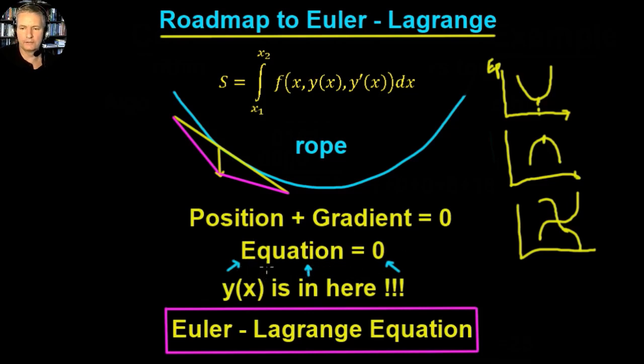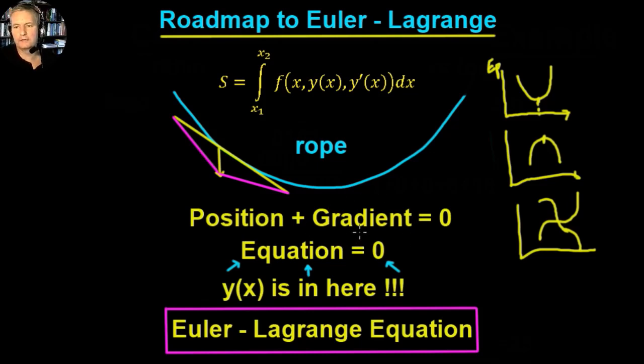Now this equation is something called the Euler Lagrange equation, and it's somewhat simplified here in my description because we don't necessarily need to just look at a positional change and a gradient change. You could look at the rate of change of gradient, so higher order changes as well. But for the moment we'll just make it simple and look at a positional change and a gradient change.